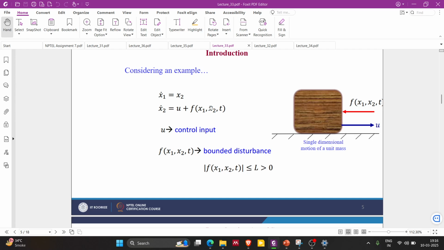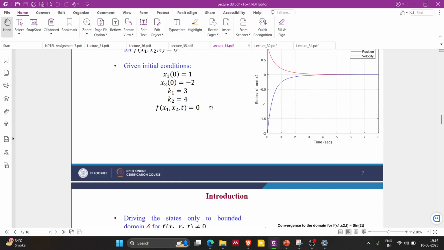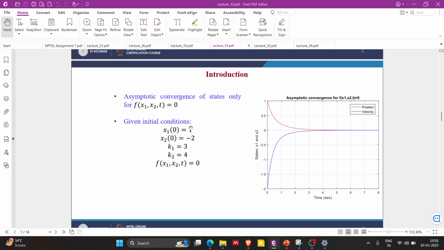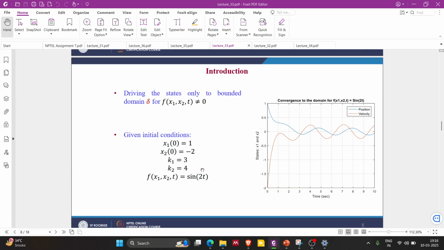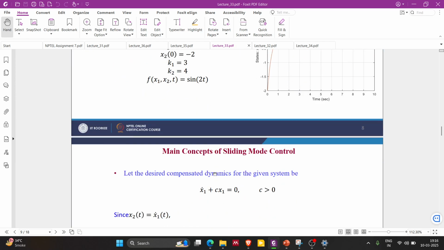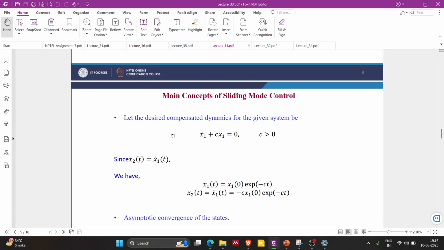You need to know how this works when the disturbance is zero, and when we have taken a sinusoidal 2t disturbance. How do you tackle this kind of thing? He proposed sliding mode control. This is what we desired, but why? Because when you plot this equation, you will find that x will decay with respect to time.